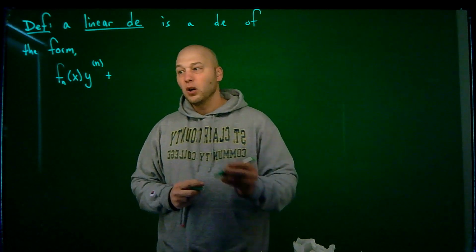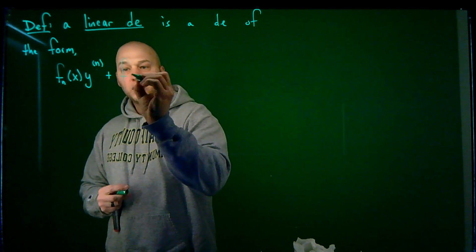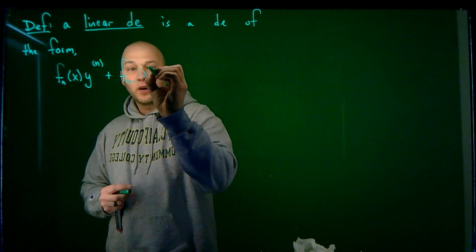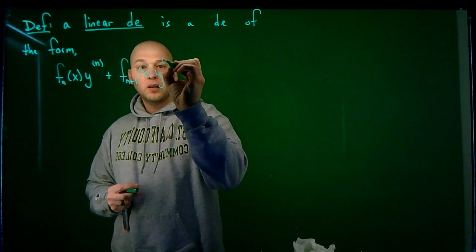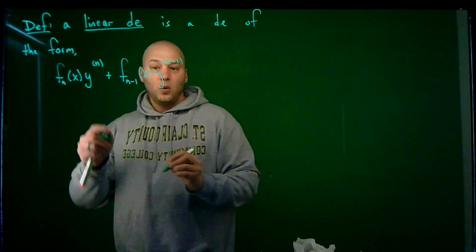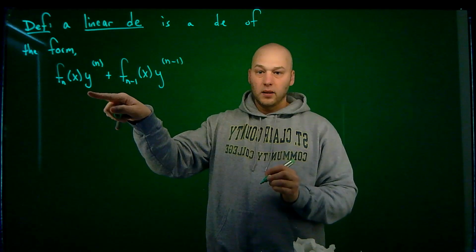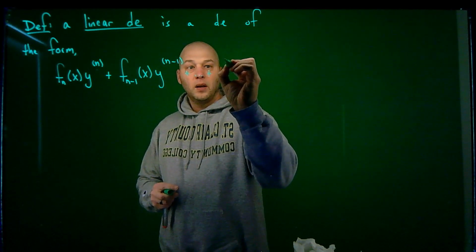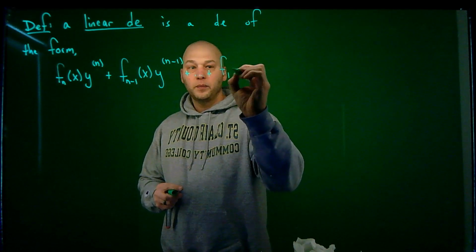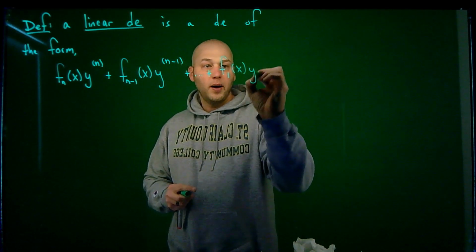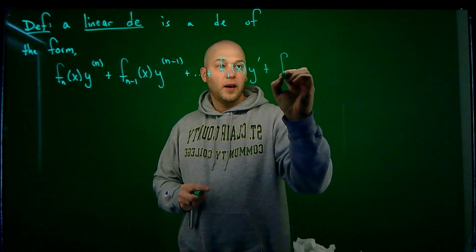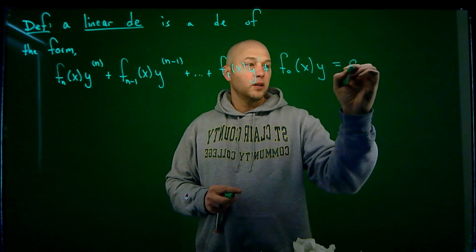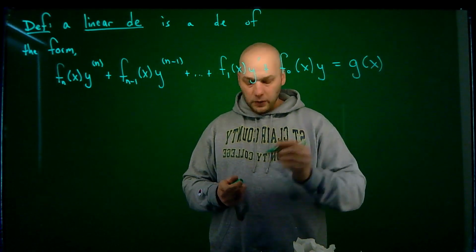Therefore, the rest of the terms would be, well, the coefficient of the n minus first derivative would just be some expression in the variable x times the derivative of order 1 less than this one, plus all the way down to f1 of x y prime plus f naught of x y is equal to, let's say, g of x.